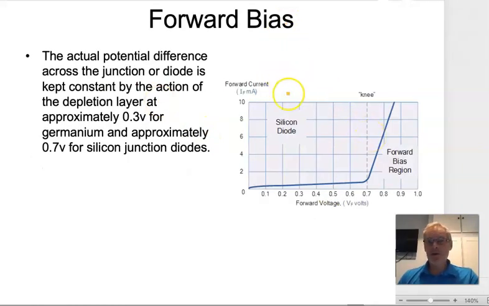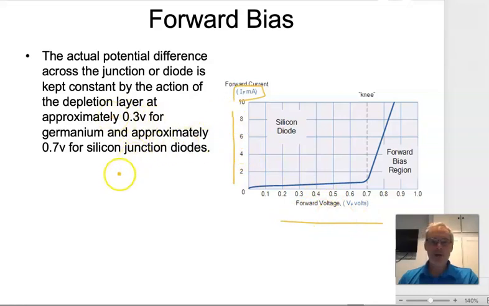Up to the point when these electrons can happily flow during forward bias, as you can see on this plot, this is the forward bias current, and this is the forward voltage that's applied across the diode.